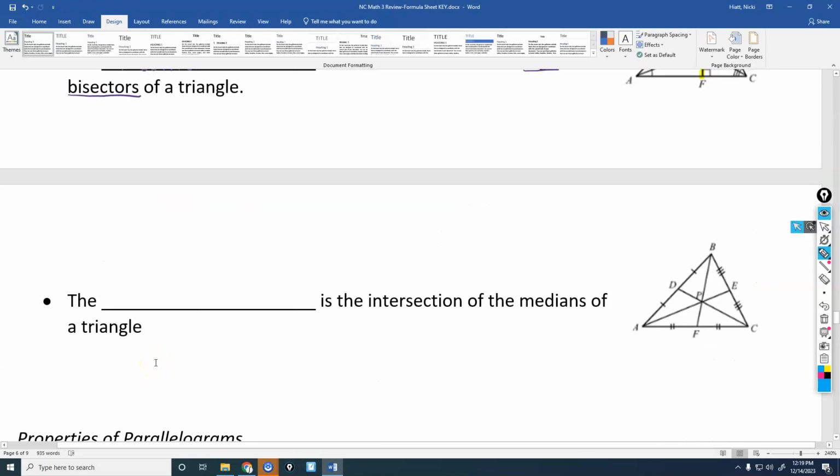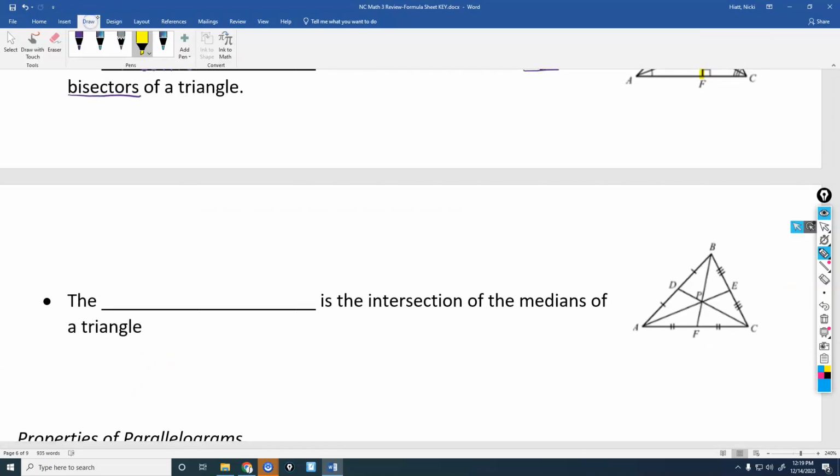The last one that I have on here is a centroid. It is the intersection of the medians. A median goes from the vertex to the opposite side and cuts that side in half.